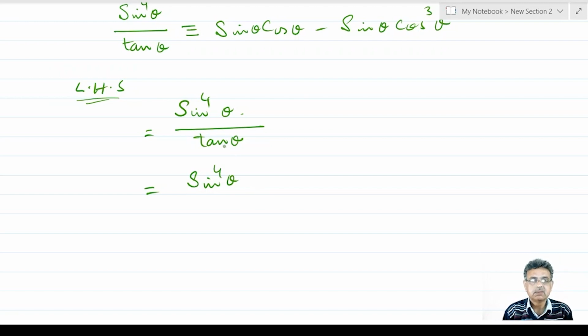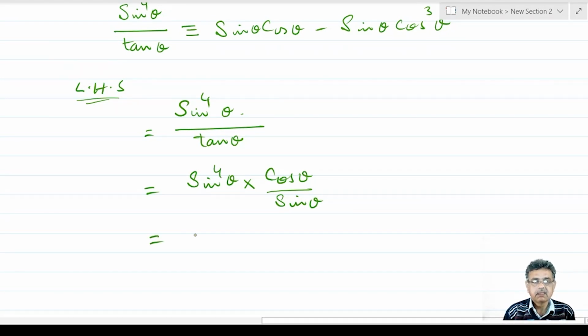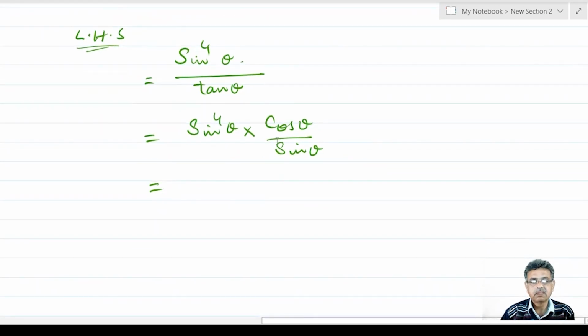Tangent theta is equal to sine over cos, but as it is written in the denominator, we can write it cos theta over sine theta. Then one of these sine theta will be cancelled with this one, then this power will reduce to 3, sine cube theta into cos theta.